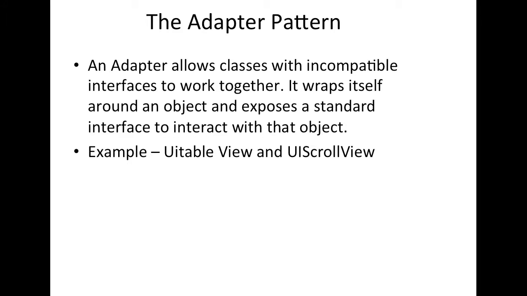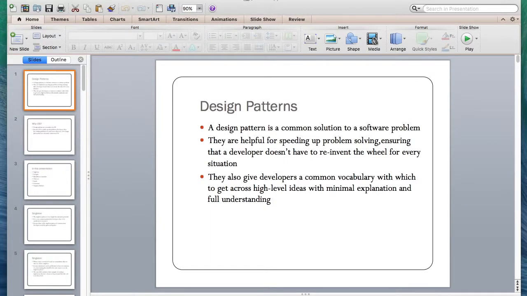It's like when two classes are not compatible with each other, they use an adapter to make them compatible. Like an adapter, what happens? An adapter just makes it possible for your charger to be plugged into the wall, right? This is the same concept. Two classes which are not compatible with each other can use the adapter pattern to be compatible.